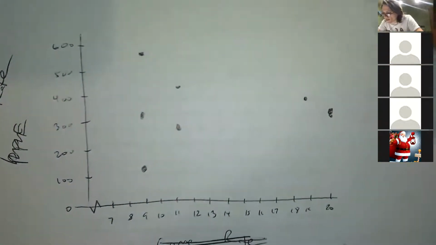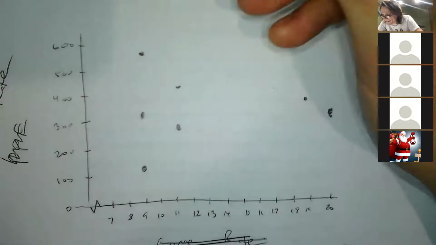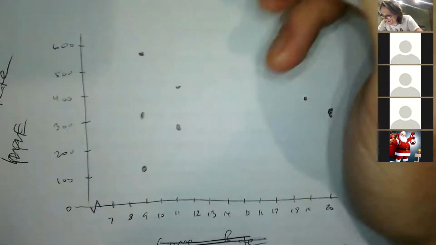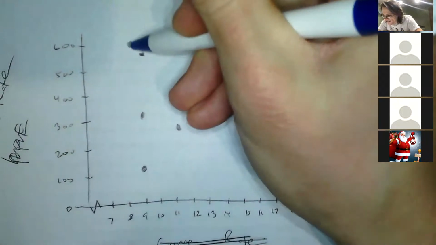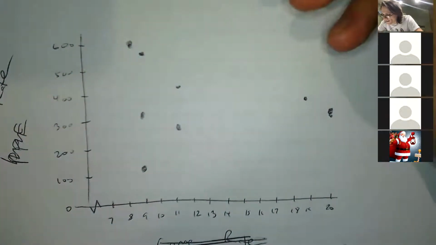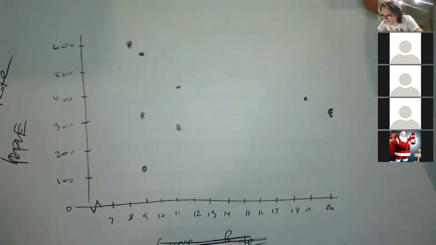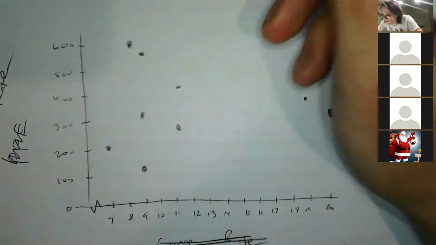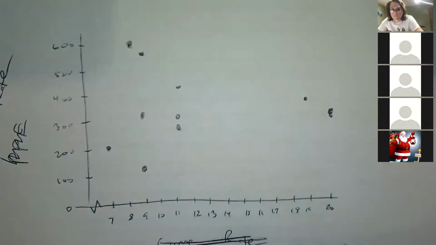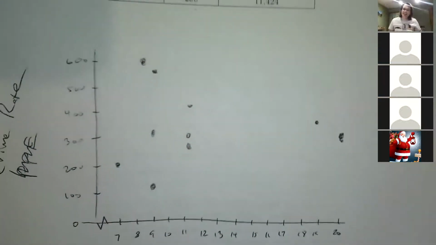The pattern here is really not immediately obvious. Tennessee, 600, 8,000. Well, I'll say 9,000, 600, 9,000. It looks like it might be negative, but it's not great. 200, 7,000. I don't even know. And then Wisconsin, 311,000. I don't know what that is.